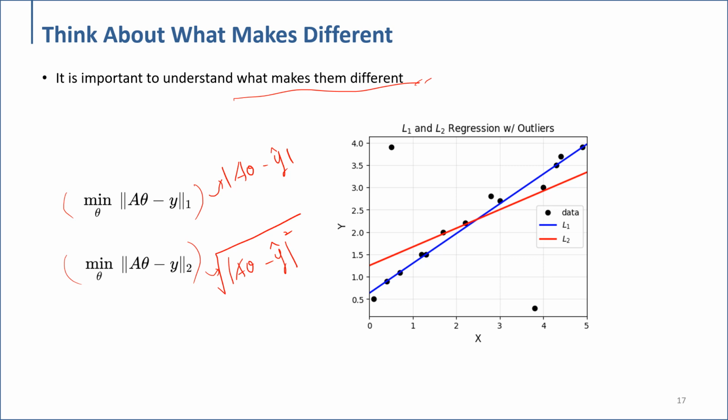That means for these outliers, which have very large errors compared to the main structure, the error for the L1 norm would be like 2. But in the case of the L2 norm, we need to calculate the square of the error, so its value would be really high compared to the main structure.